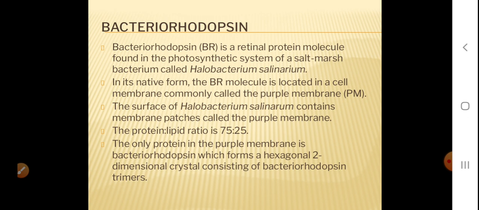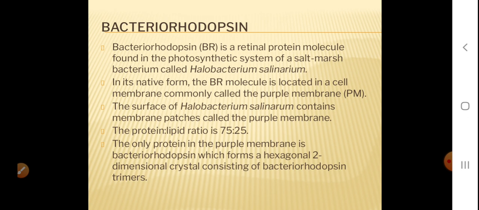So in its native form, the bacteriorhodopsin molecule is located in a cell membrane commonly called the purple membrane. So the surface of the Halobacterium salinarium actually contains membrane patches, which are called the purple membrane, the PM.